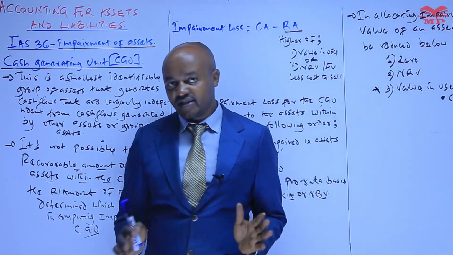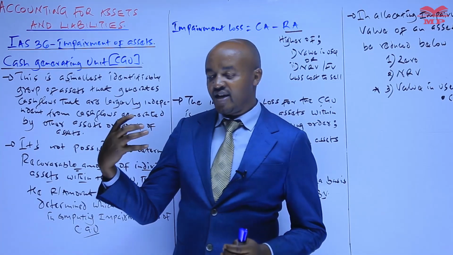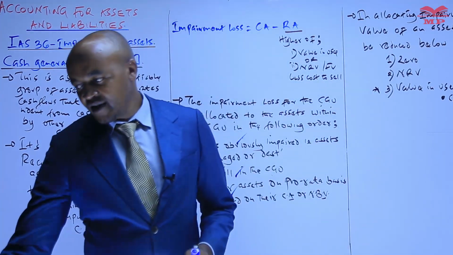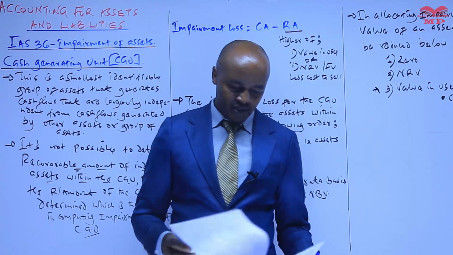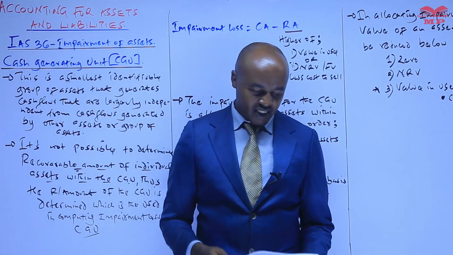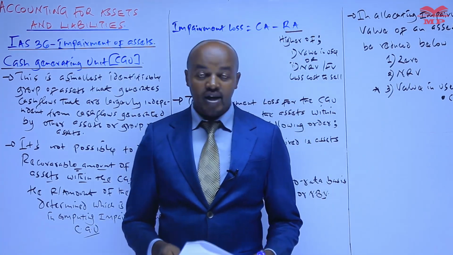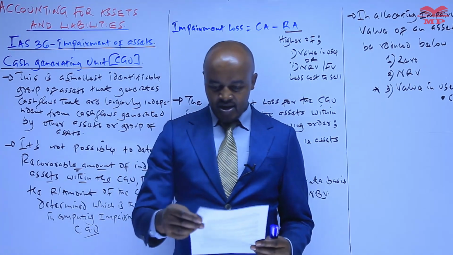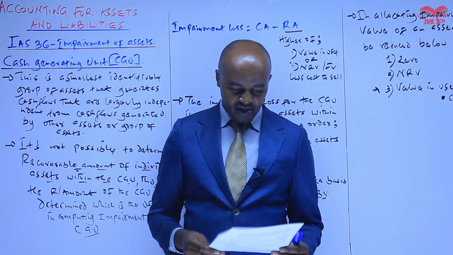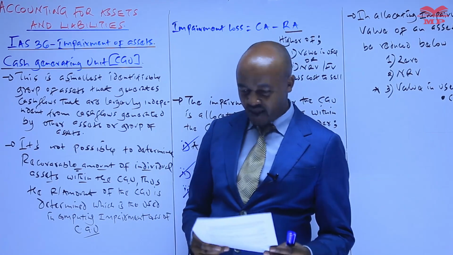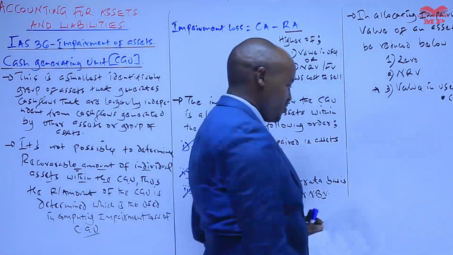So I want us to do an illustration as far as this is concerned. The illustration question is one which was tested in the sitting of August 2022, and at the end of this lesson I will give some assignment on the same. So let's look at that question.